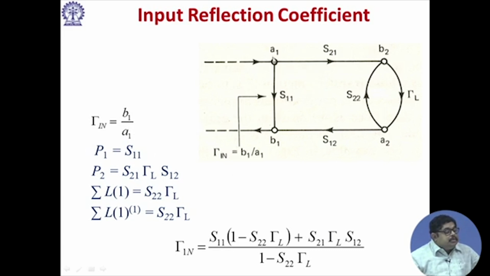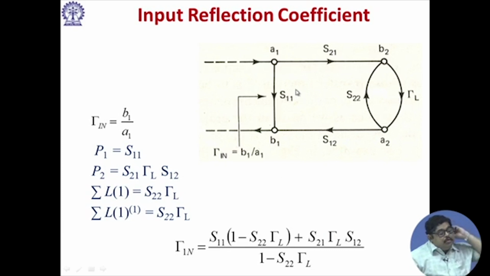I am coming from B1 by A1, that means this is the independent variable, this is the dependent variable. So, how can I come from A1 to B1? One path is this, we are calling it P1, that is S11. Another path is I can come here, here, and here. So, P2 is S21 gamma L S12.